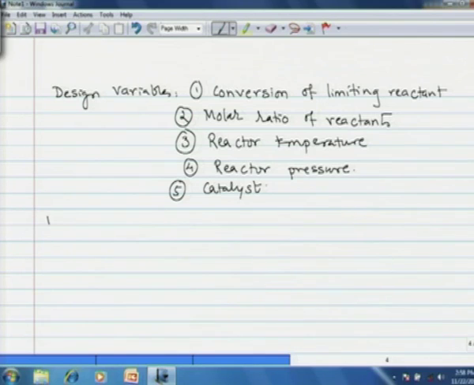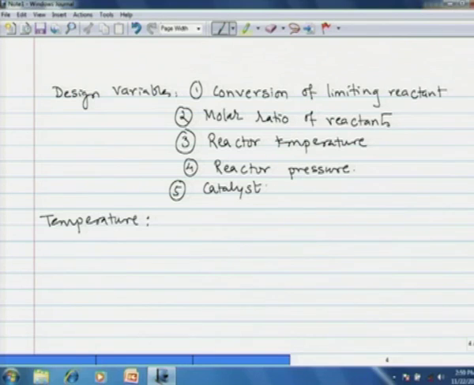As far as temperature is concerned, the rate of any reaction increases with temperature, and that increase is proportional to the activation energy. However, if activation energies of all the reactions are similar or same, then temperature will not appear in the correlation.